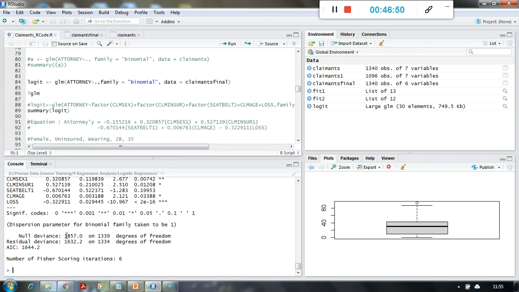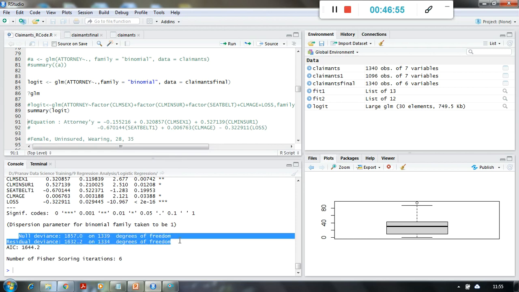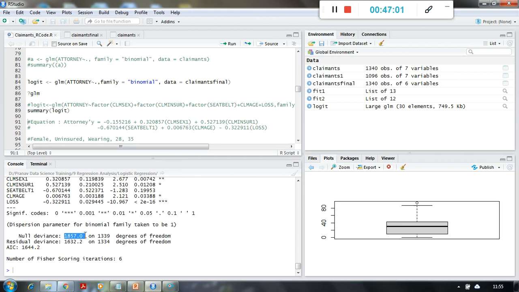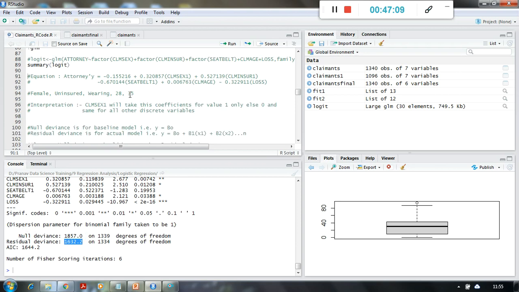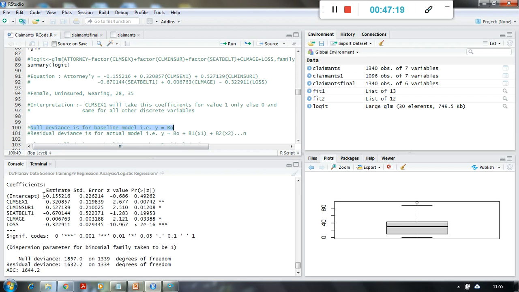Okay, this is one observation we have made. Another observation is that here we are not getting the R square, multiple R square or adjusted R square values, right? Here we are getting the deviances, and there are two types: null deviance and residual deviance. The null deviance is for the baseline model wherein y is equal to beta naught, so if we put y equal to beta naught, this is the deviance we get in our output.